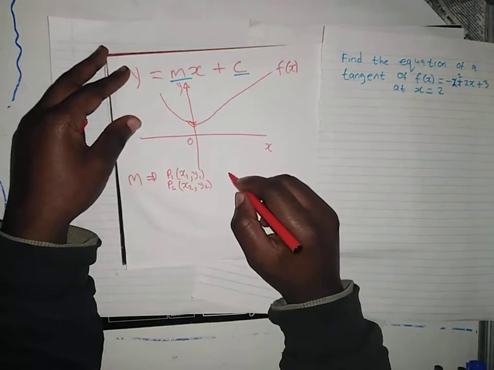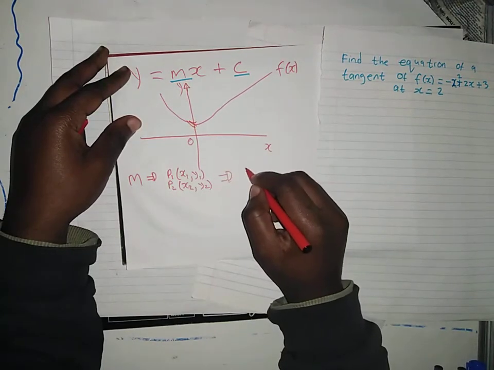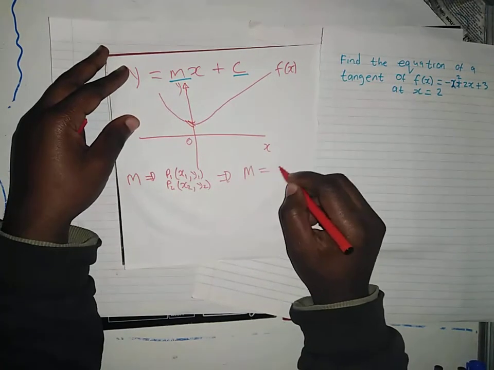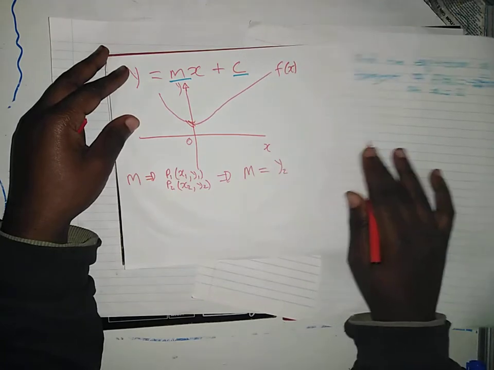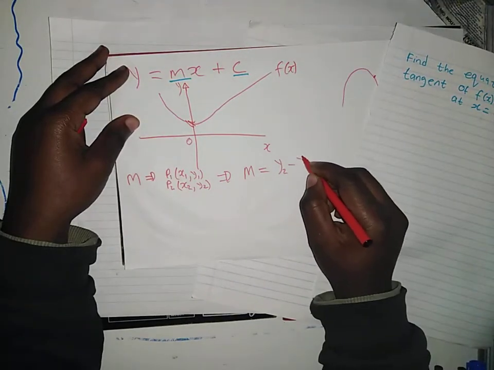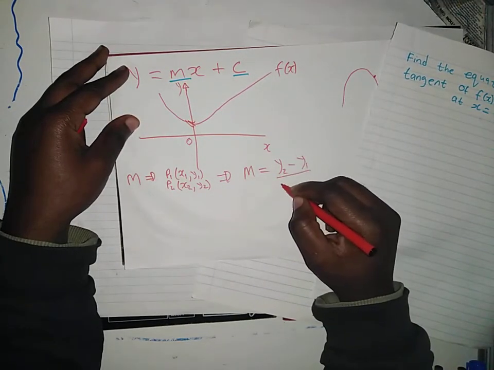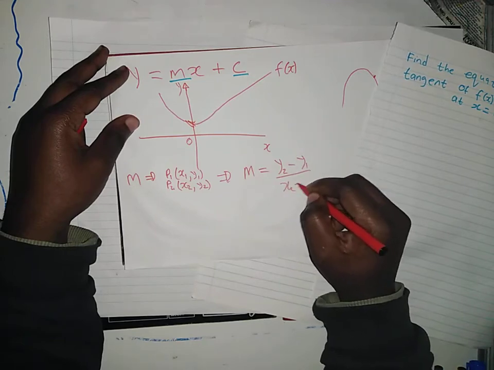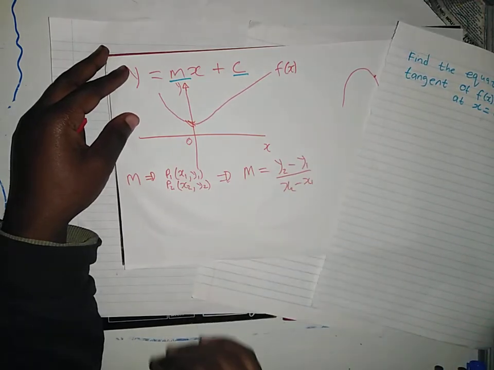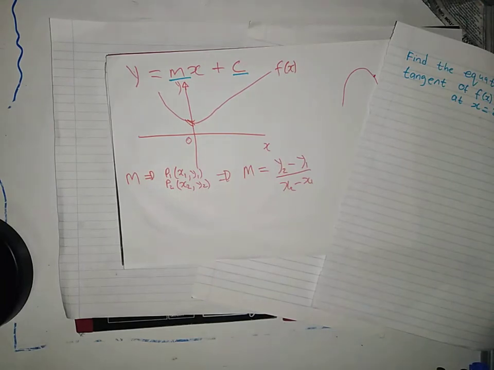And then using these points, you will find m, which is nothing other than y2 minus y1 over x2 minus x1. So if you've got 2 points in that line, then you will definitely be able to find the gradient, no problem.